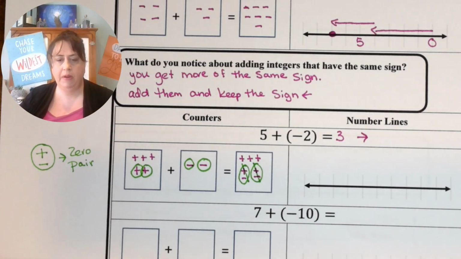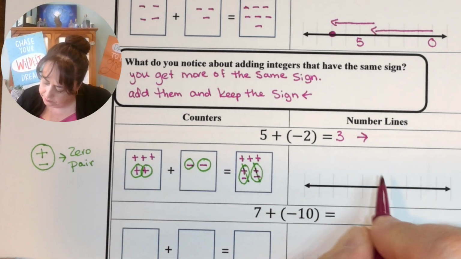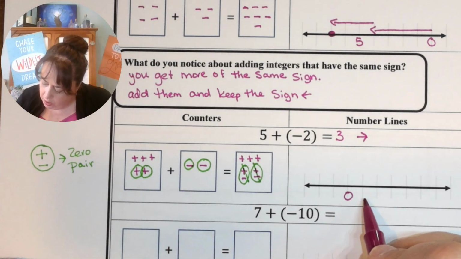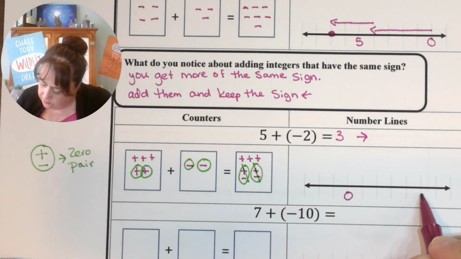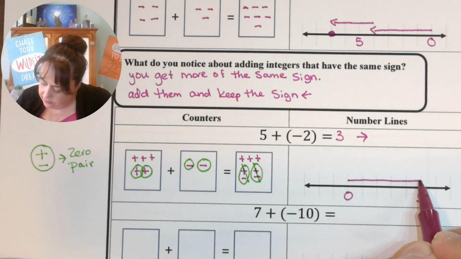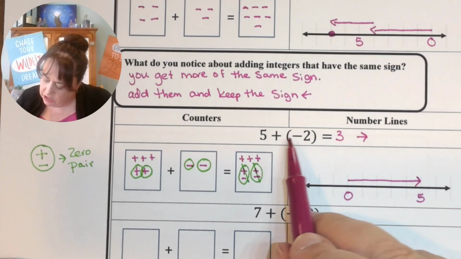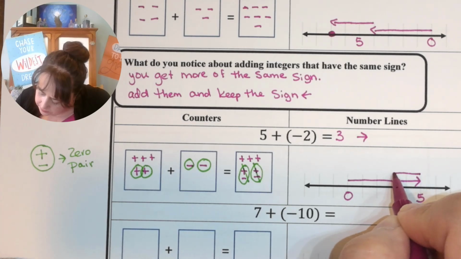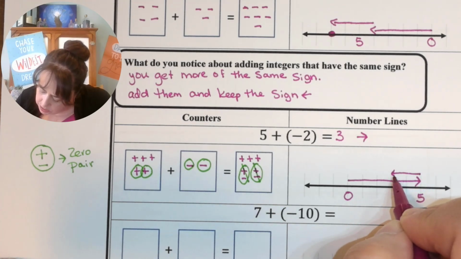So I'm going to set up my number line. Let's go ahead and put 0 right there. 1, 2, 3, 4, 5. So this says go 5. And then add to it 2 negatives. So I have to go backwards 2. 1, 2.